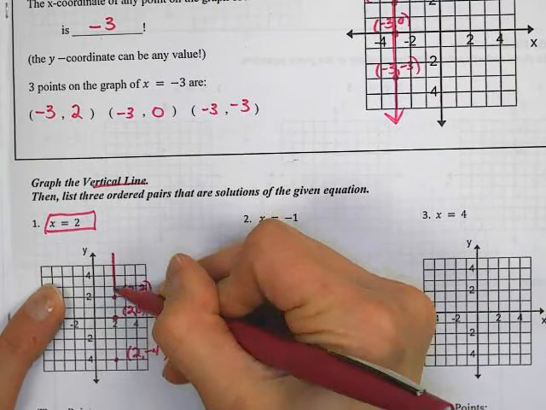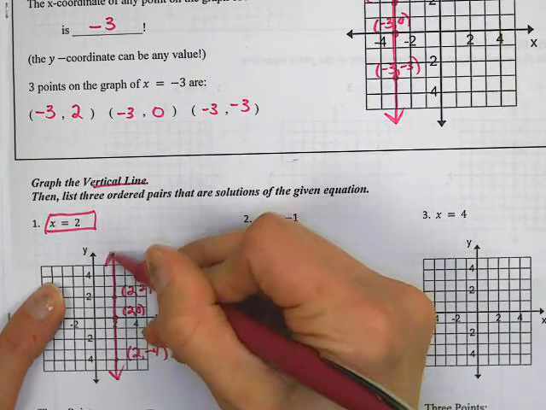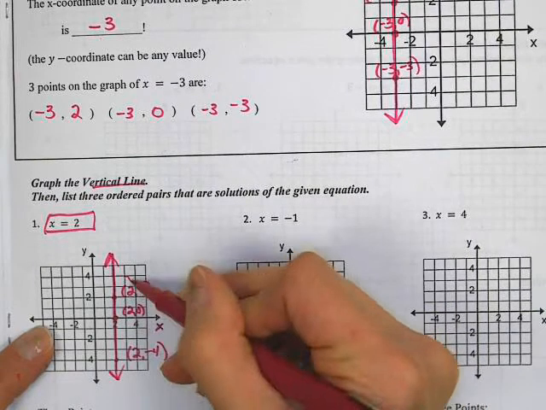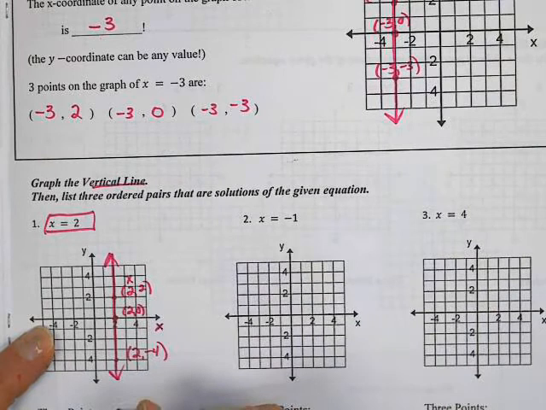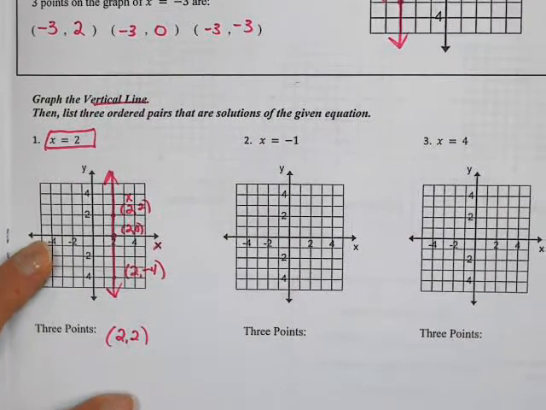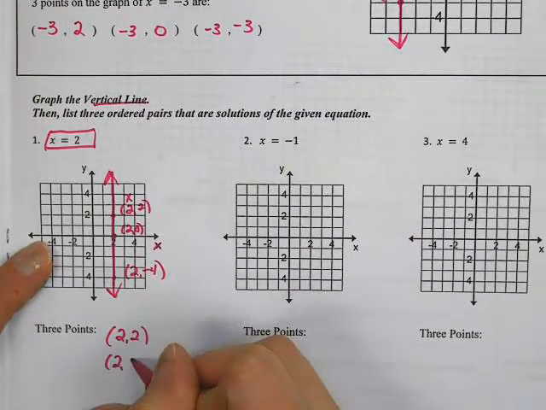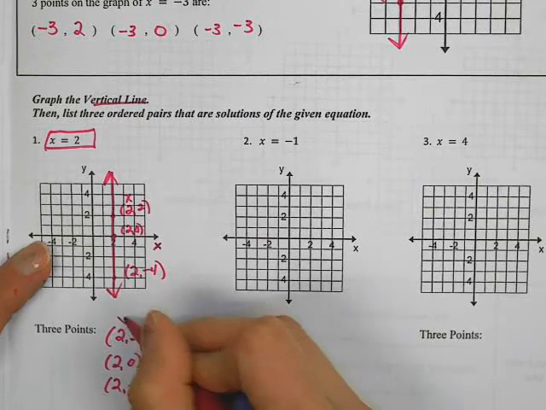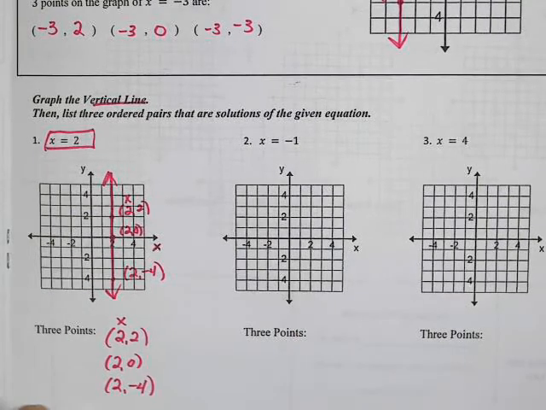The vertical line up and down looks like that, and all of the x numbers are 2. Here's some points: 2, 2. How about the point 2, 0? 2, -4. All of the x numbers are 2.